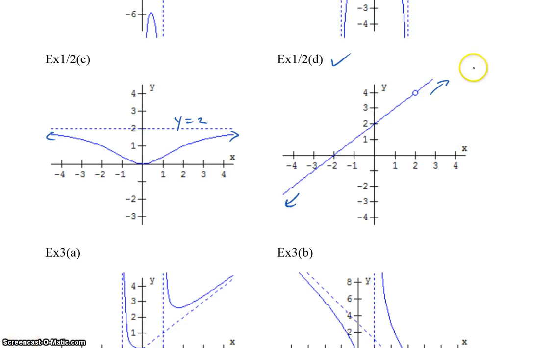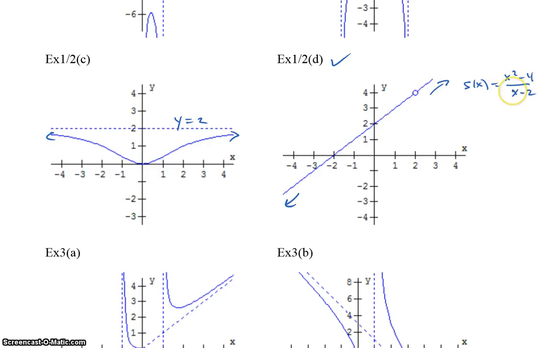In the very short amount of time I have remaining, let me just show you what's happening with this example we just looked at, example 2D. We have s of x equals x squared minus 4 over x minus 2.